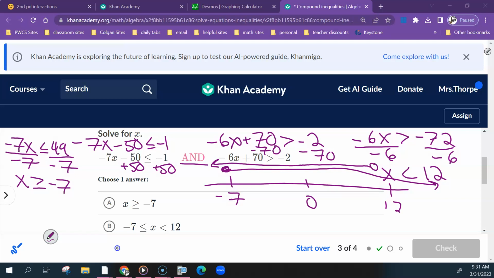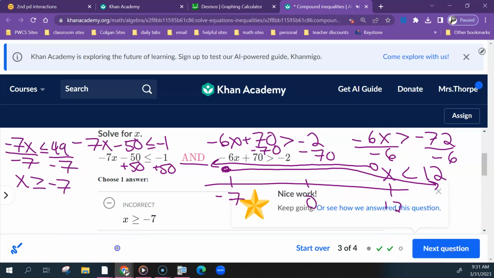So where they overlap would be the answer. The and is still where they overlap, but draw a picture, because sometimes they overlap everywhere, and that could be infinity, all real solutions. Sometimes they don't overlap anywhere, and that would be no solution, and you just have to play around with it, see where they overlap.